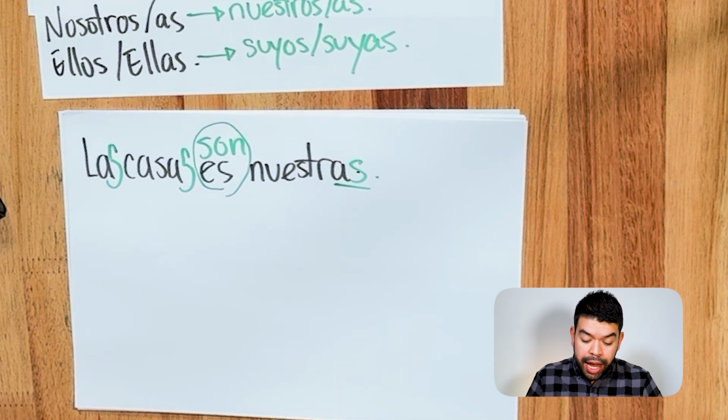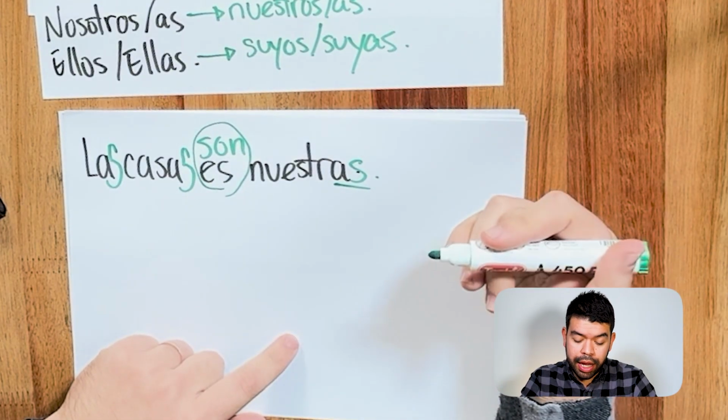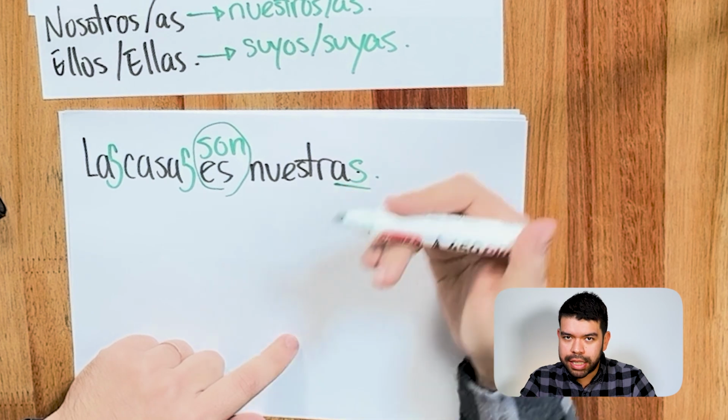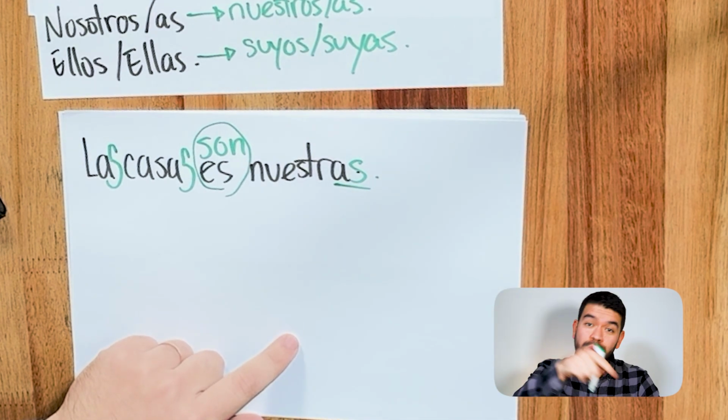Very good. And by the way, if you're wondering when to use the short form and when to use the long form, usually in speaking we would use this long form after the noun when we want to emphasize something, right? Las casas son nuestras.